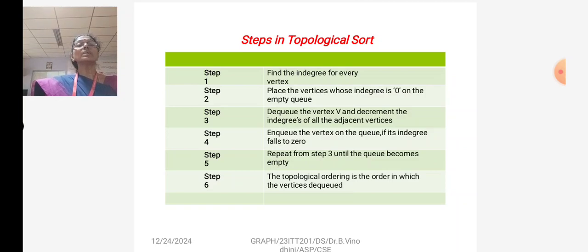Next, enqueue a vertex on the queue if its indegree is 0. So after decrementing the adjacent vertices, find the next vertex whose indegree is 0, and if there is one, place that vertex on the queue. Repeat the process from steps 3 and 4 until the queue is empty. Finally, the topological ordering is the order in which the vertices are dequeued.